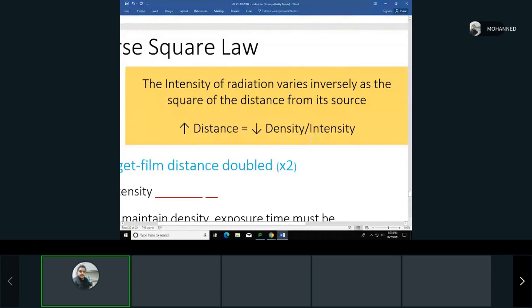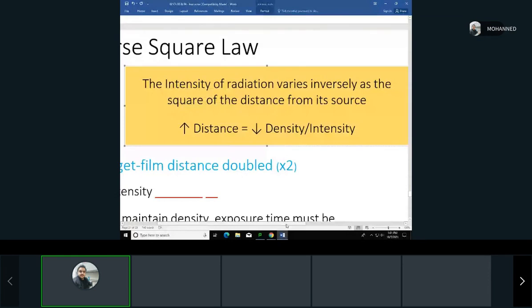If you turn on a light and you're closer to an area, you can see better because you have better light. And if you go further from there, then your light intensity is less, right? The further you are, the less the intensity. But actually, more than that, it is the square of the distance.